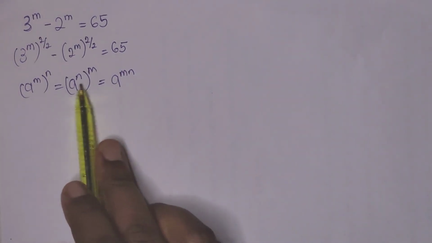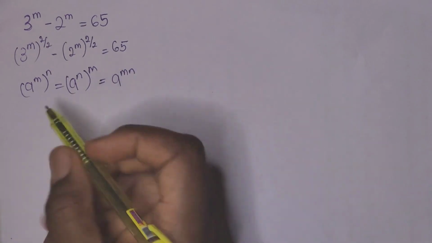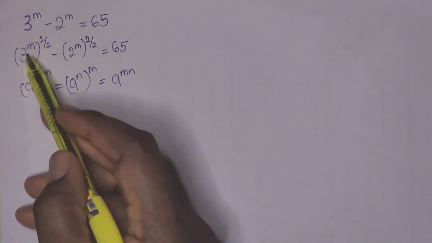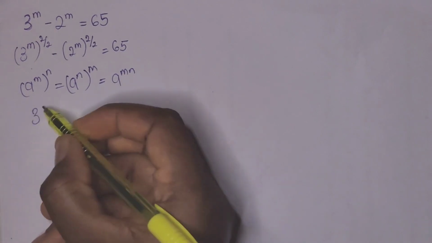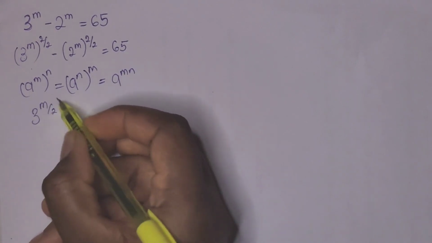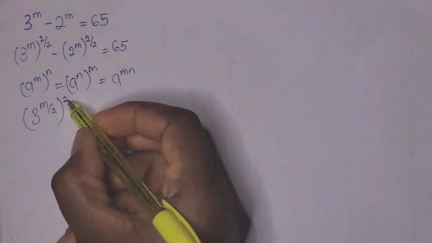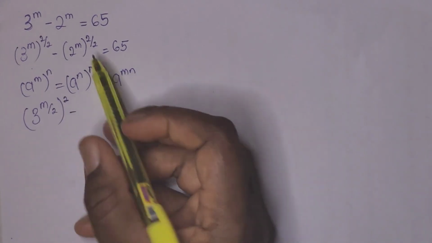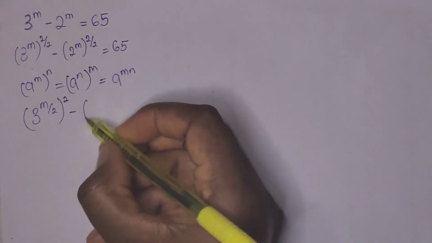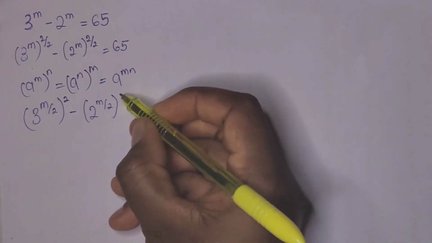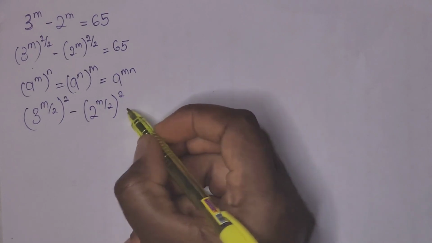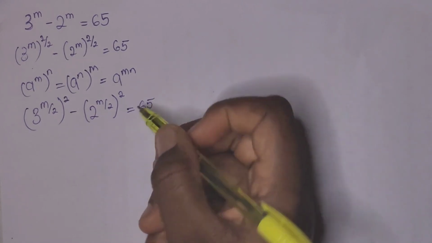So when we apply this rule, we can rewrite this as 3 to the power of m over 2 further raised to the power of 2, minus, we do the same thing here, 2 to the power of m over 2 further raised to the power of 2 equal to 65.